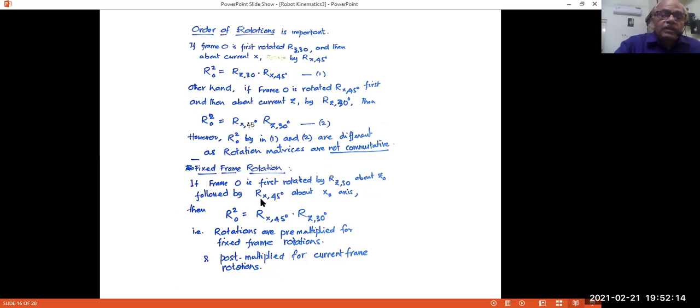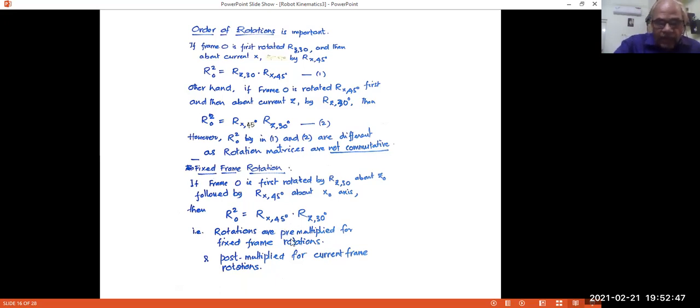If you rotate about the original x0 axis, then the net rotation is obtained by pre-multiplying. That is, the order gets reversed. The first rotation is on the right side, and the next rotation about the fixed axis will be a pre-multiplying matrix.